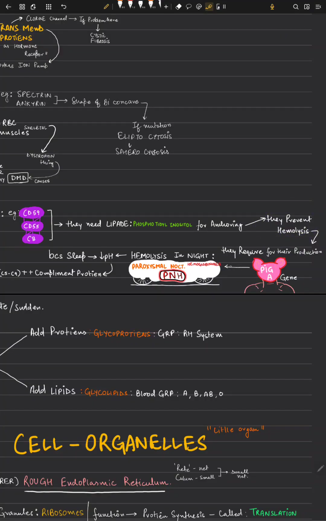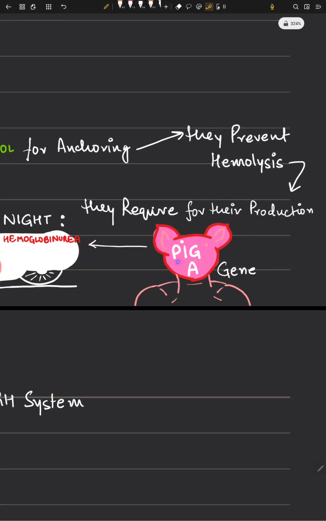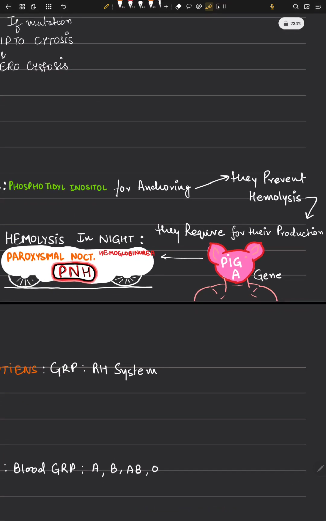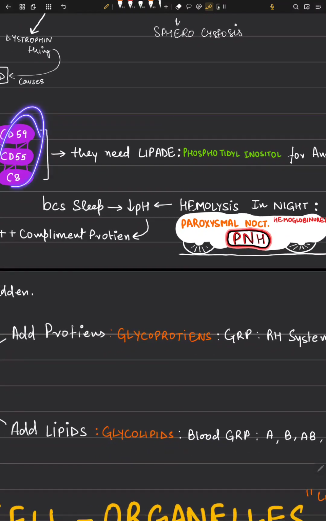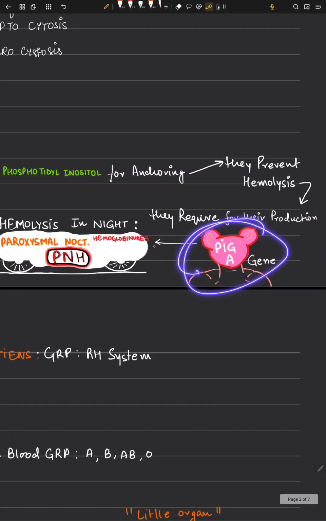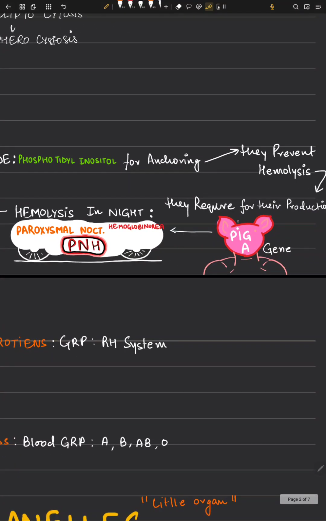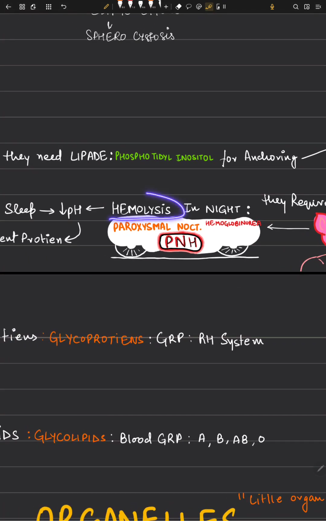And for the production of these, we need a gene called the PIGA gene. And if there is some problem in this gene, then there can be hemolysis in the night, and we call this PNH, that is paroxysmal nocturnal hemoglobinuria.